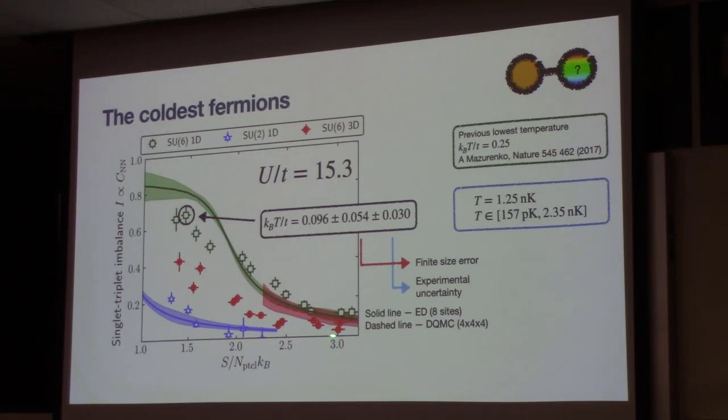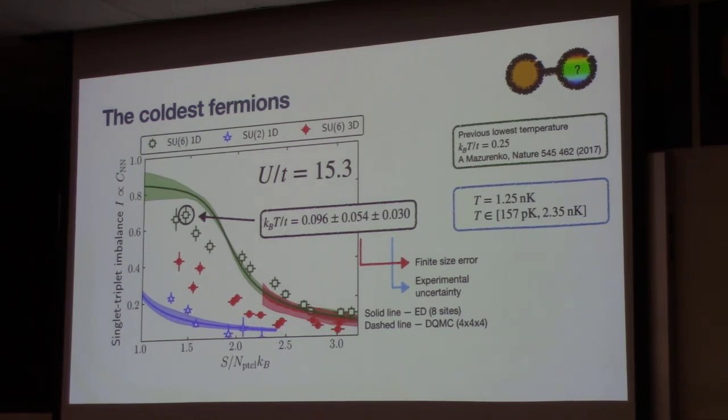And an interesting thing here too is, the way experiments are performed, they do not have access to temperature. They only have access to entropy. So if we would like to know at which temperature the experiments are operating, we need to compare with the theory.